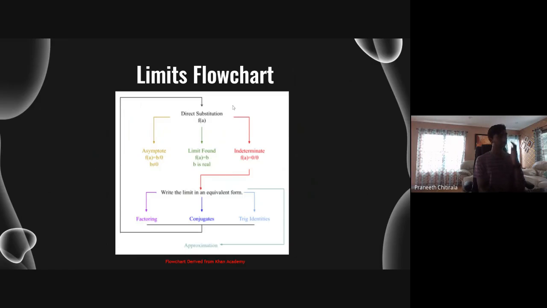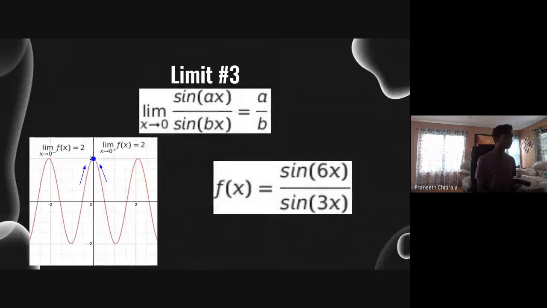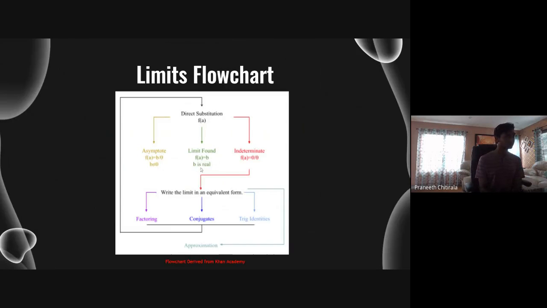If you have a limit right here, you always plug in 0 first to see what the value approaches. So if x approaches a, then you just find f of a.